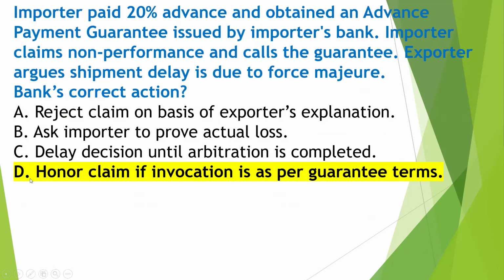The bank's correct action will be to honor the claim if the invocation is as per the guarantee terms. If force majeure is included in the guarantee terms, then the guarantee cannot be invoked. But if that clause is not available, then it can be invoked. So it is as per the guarantee terms.